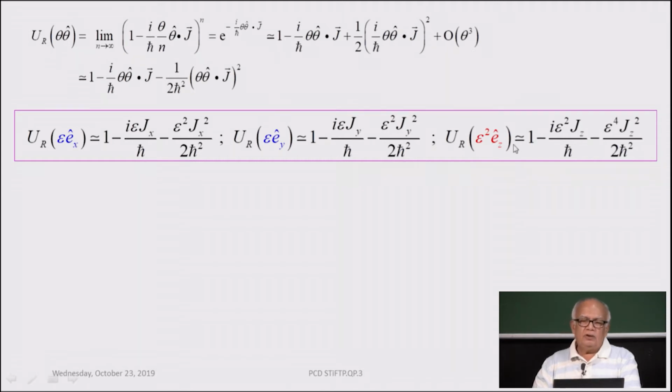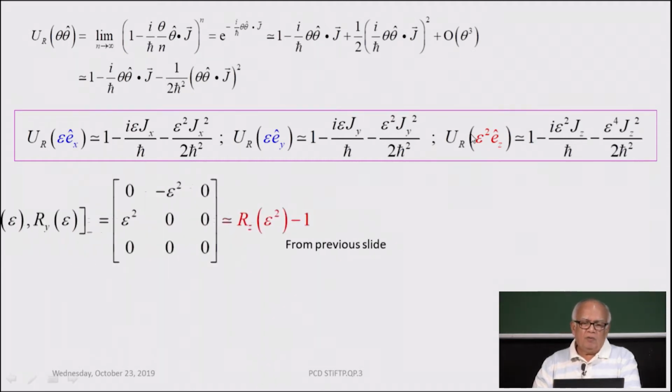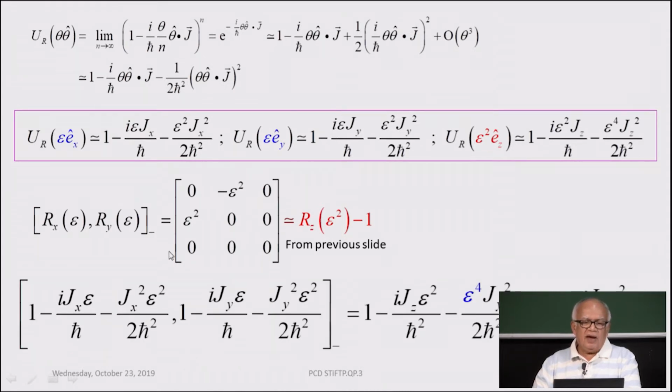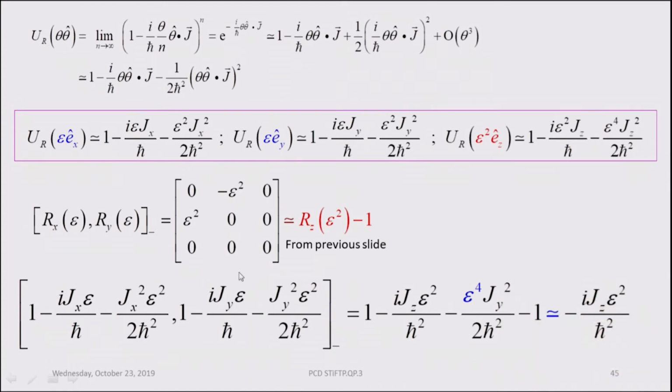Okay. So, what you can see is we use this result and rewrite this expression explicitly in terms of the generators of those rotations.